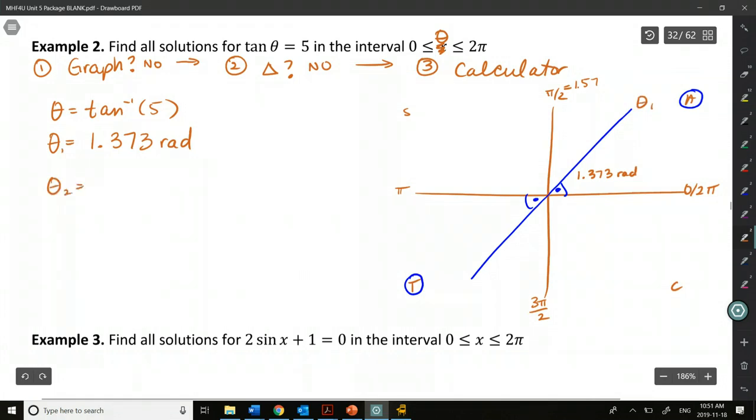Theta 2 also has that as a reference angle, 1.373. But we have to calculate the whole rotation starting from 0 all the way over to this line. So how can we calculate that? Pi plus 1.373. Okay, pi plus the reference angle here. So it'll be pi plus 1.373, and we'll round to 3 decimals.